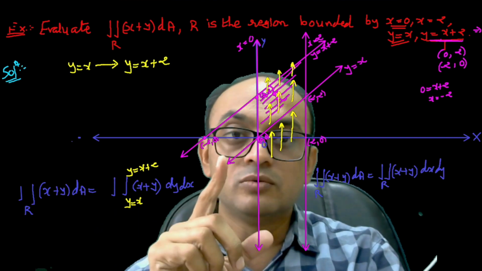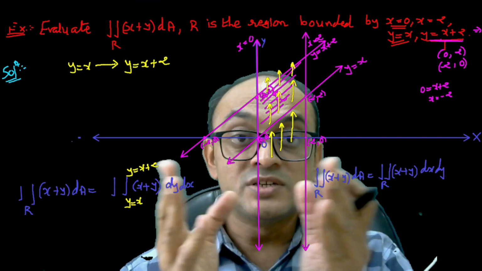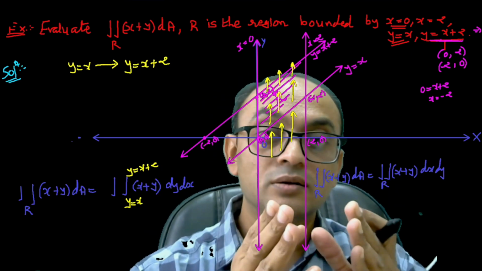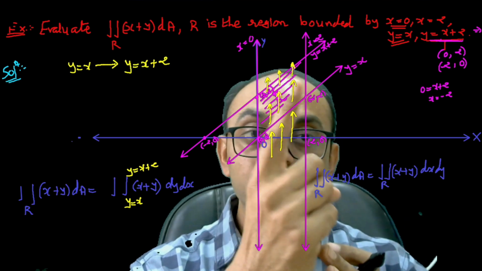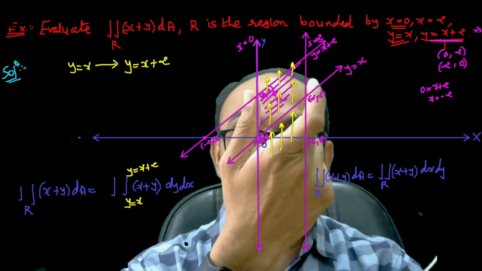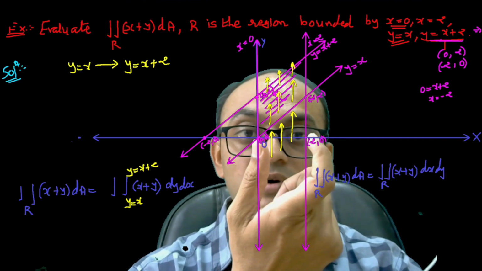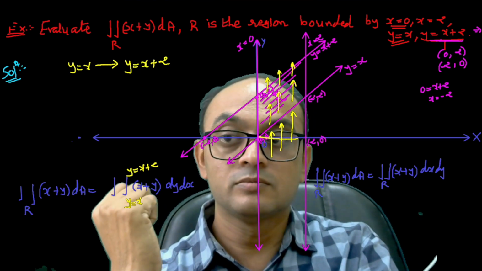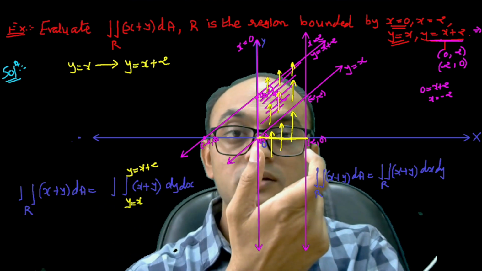Clear? Now we have to write the x limit, which is the outer limit, always constant. Now how do you write the constant outer limit? We observe the region, we check how much portion of the x-axis is covered by the region. So this is the only portion covered by the x-axis.